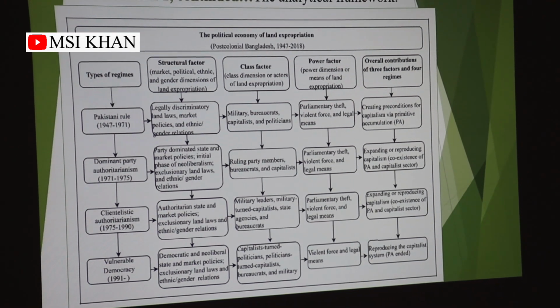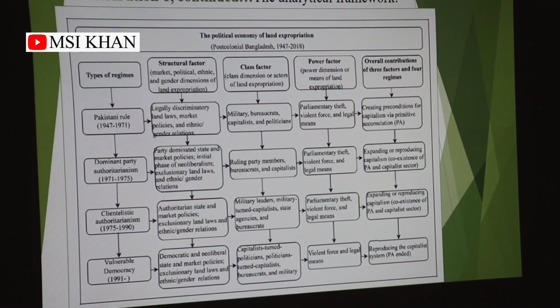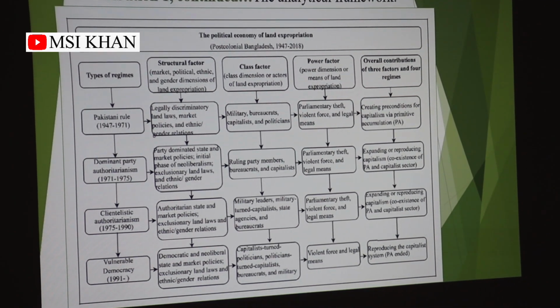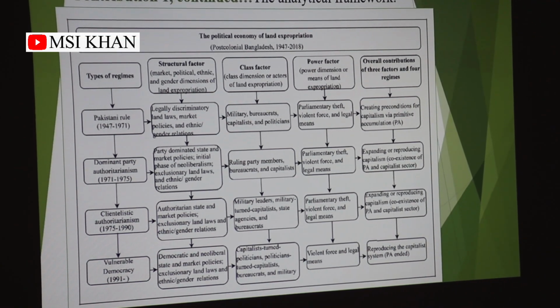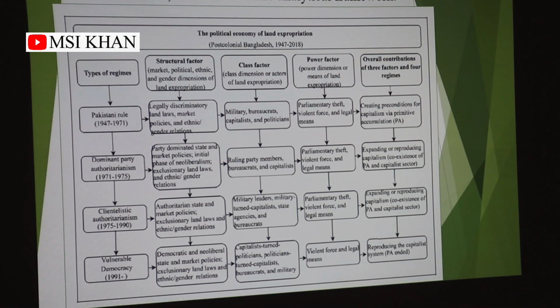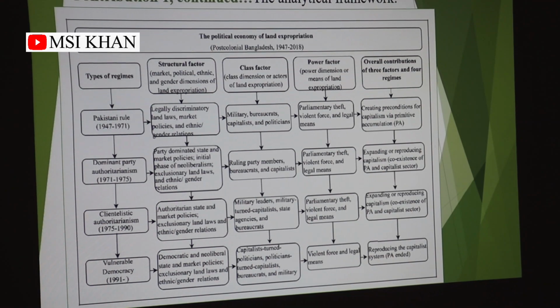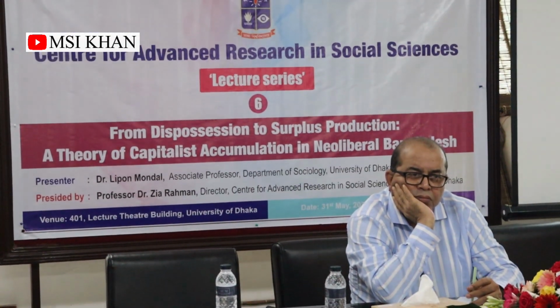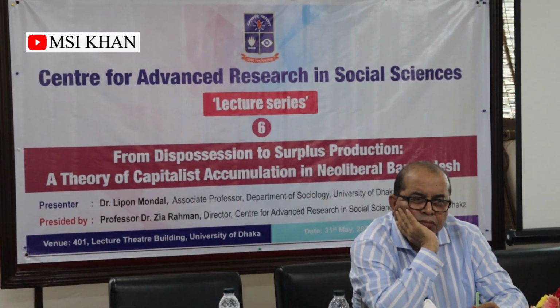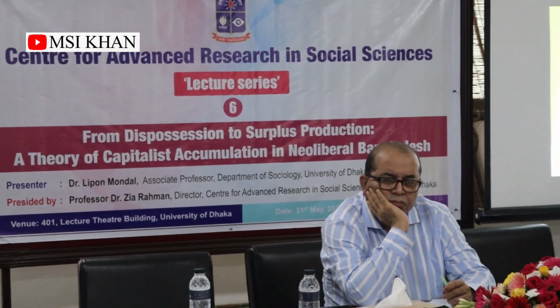And the power factor is who can use force. We only knew that a state is the only agency that can use legal force. But right now here in Bangladesh, market also can use force legally. We don't know how they got this power. And I will show the evidence, so many evidence. So these are the three major factors: the structural factor, class factor, and power factor.